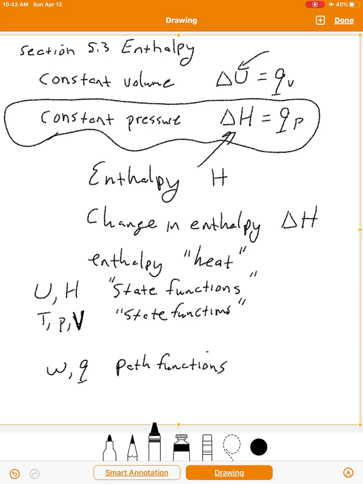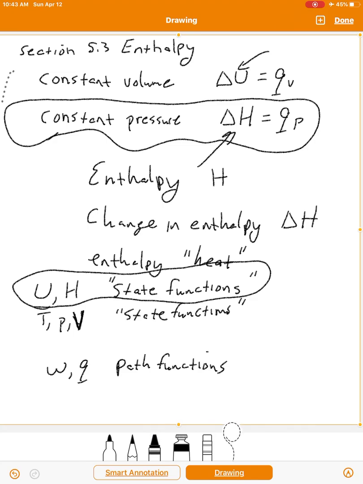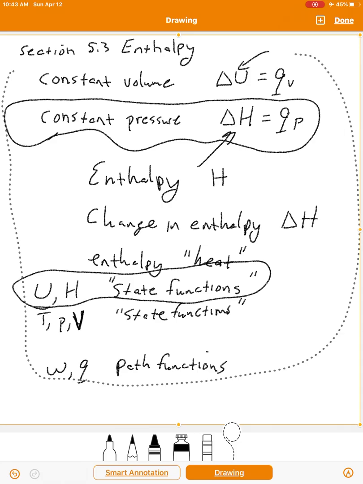Whereas state functions, their values do not depend on how you get there. So we prefer in our calculations to use state functions. They're easier to analyze. So the fact that enthalpy is a state function is beneficial for that desire. Okay? Now, the rest of this is all about how do we calculate using enthalpy.